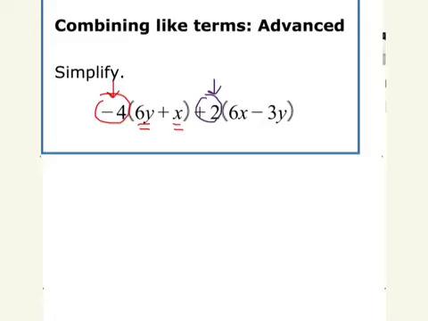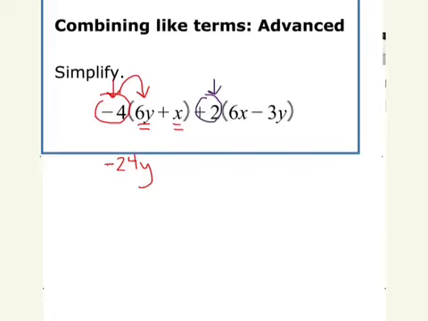If we are able to do that, and we move along carefully, we should be able to get through this problem without a lot of difficulty. So we're going to start on the left hand side, and we are going to take this negative 4 and multiply it by a positive 6y, which gives us a negative 24y.